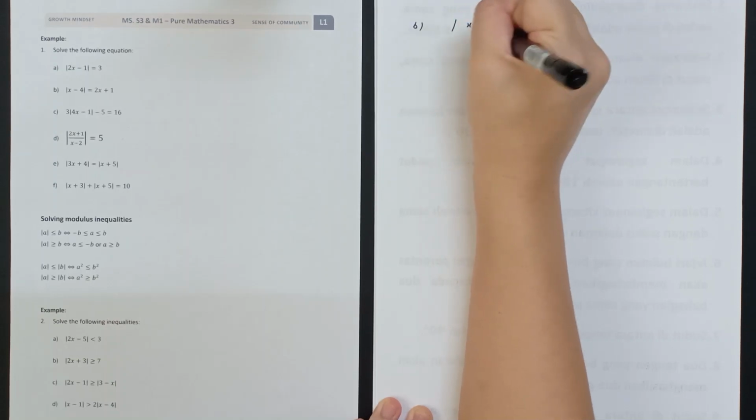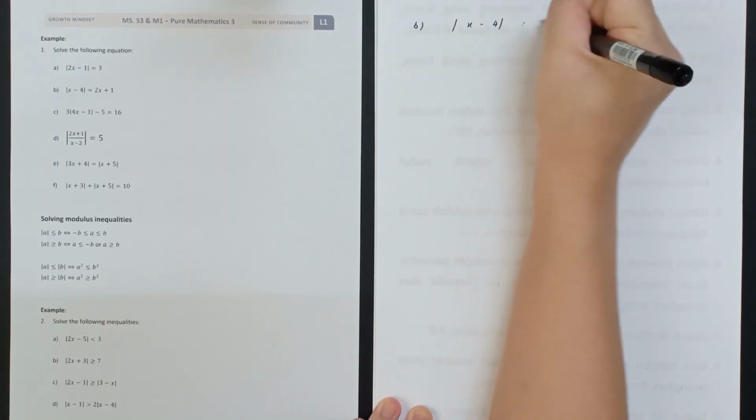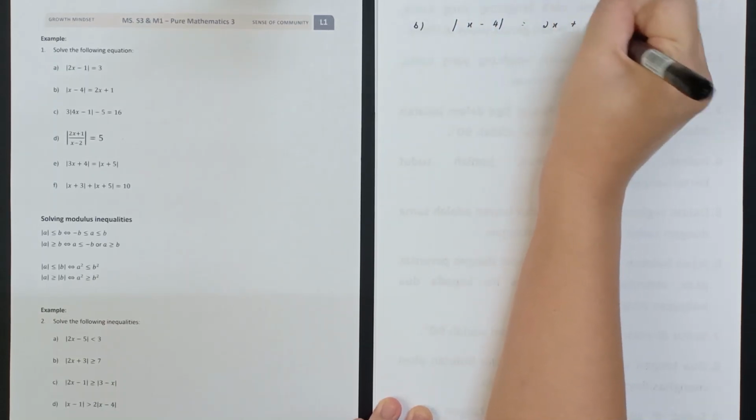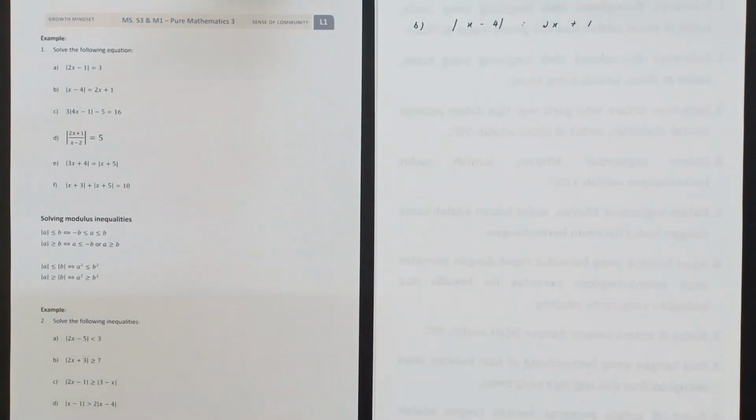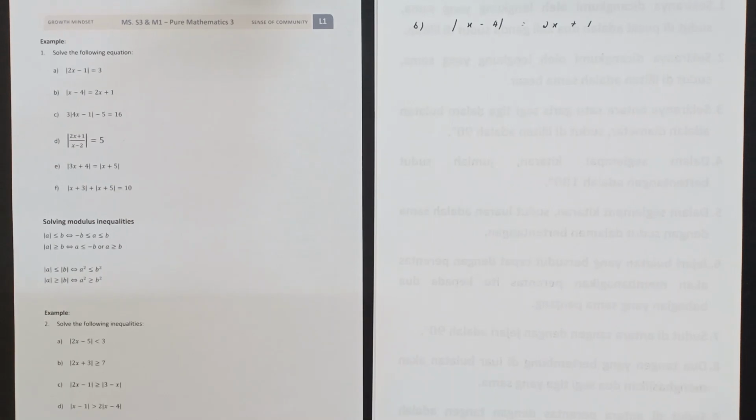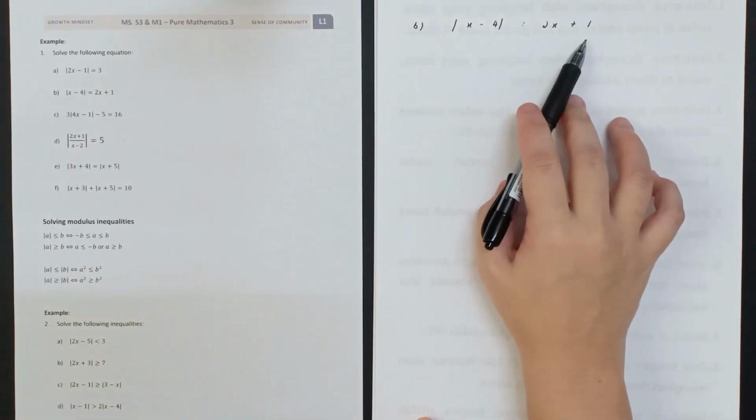So x minus 4 equals 2x plus 1. You remember it's going to be the same thing. What happens inside the modulus can be negative or positive, as long as after you solve the modulus you get a positive number.